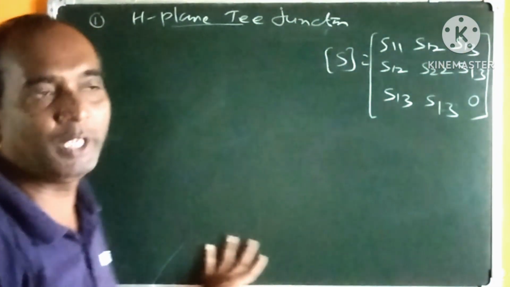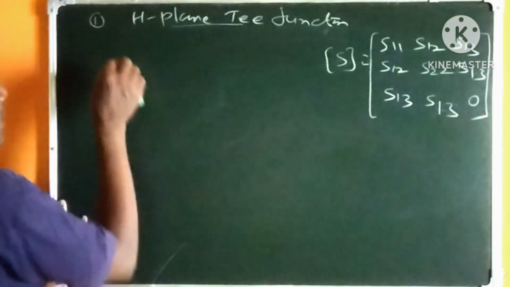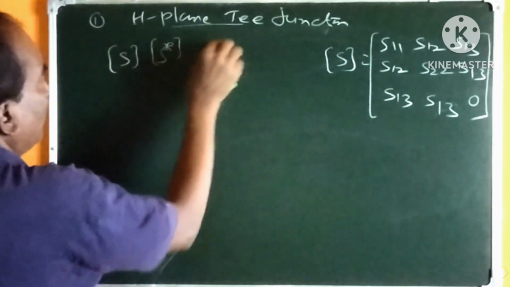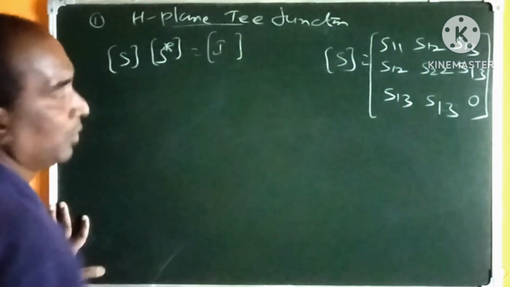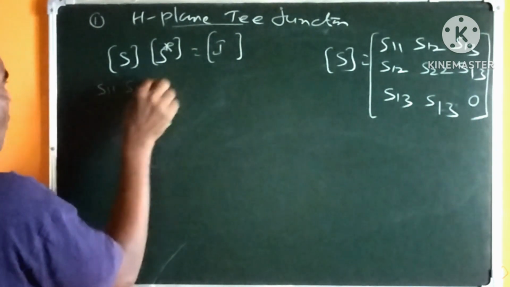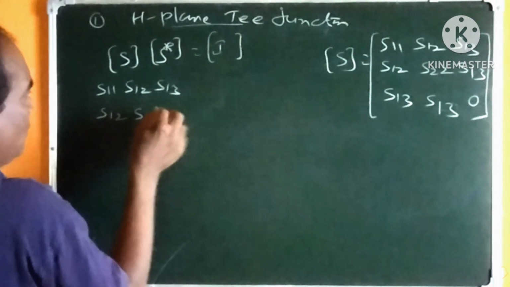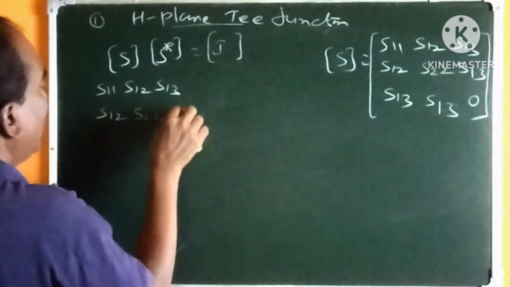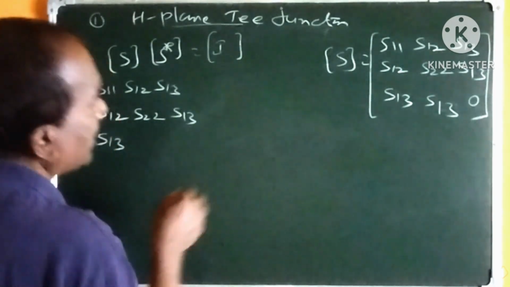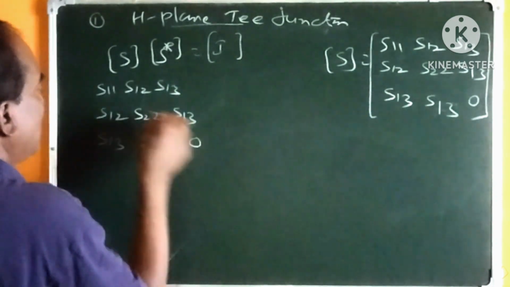These unknowns can be determined by using the identity property, that is S into S complex conjugate will be equal to I. Now consider this: S11, S12, S13; S12, S22, and S13; S13, S23 which is equal to S13, and 0.